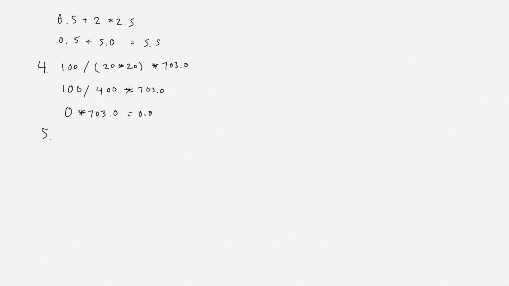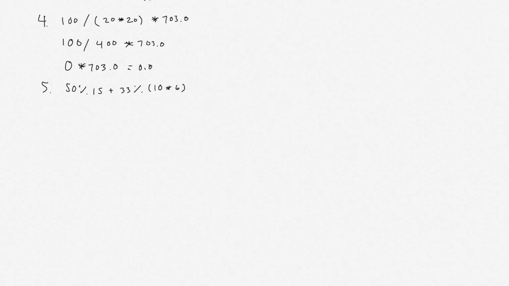Number 5. We have 50 mod 15 plus 33 mod parentheses 10 times 6. Okay. Now, we first do the parentheses. 10 times 6 is 60.